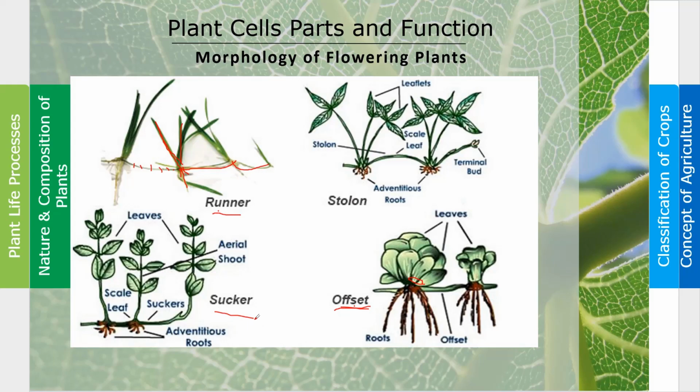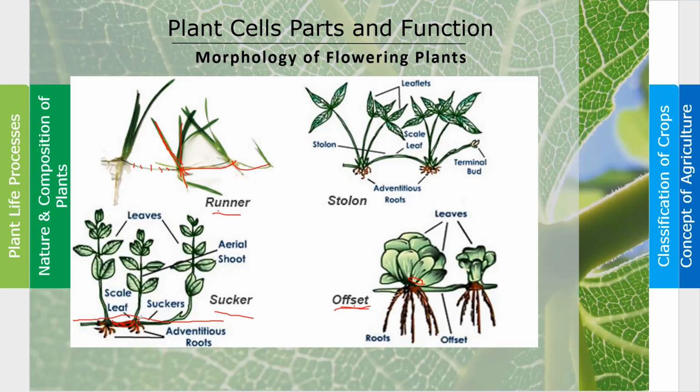And, of course, we have sucker. Okay, so suckers, their branch will remain underground. So, for example, ito yung lupa. So, these are the branches. Yung branches, they will remain underground. And then, after some time, magde-develop yung nodes ng roots.